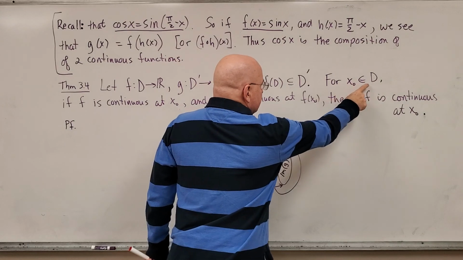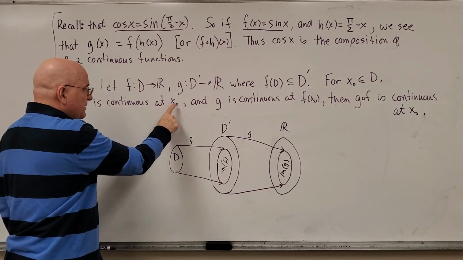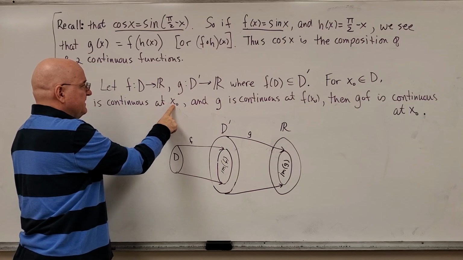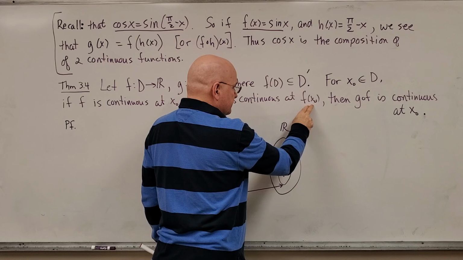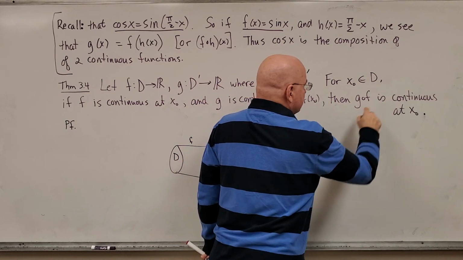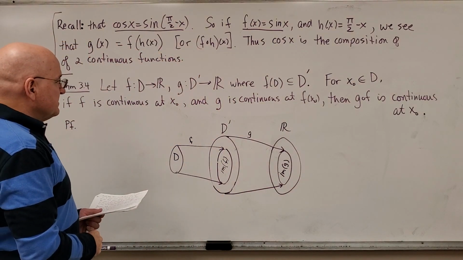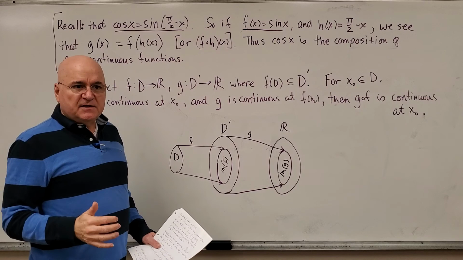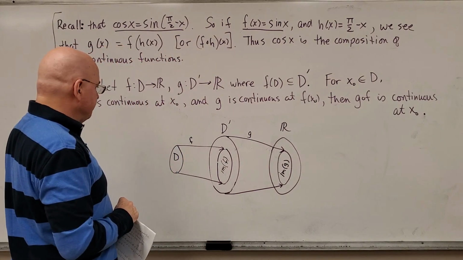For some x naught in the domain, if f is continuous at that x naught, and if g is continuous at f of x naught, then g composed with f is continuous at x naught. So this is just a reminder if you haven't seen composition of functions in a while. I know we've seen it recently.